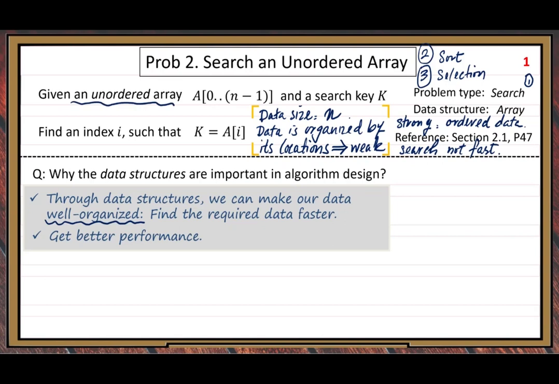So that's a big difference. If the data is ordered, then we can find the required data much faster. For an ordered array, we can apply binary search, right?